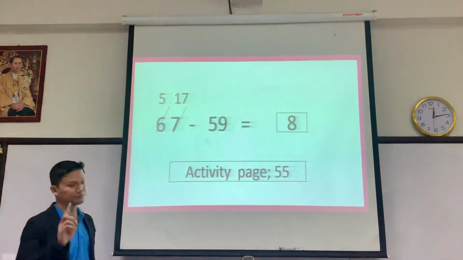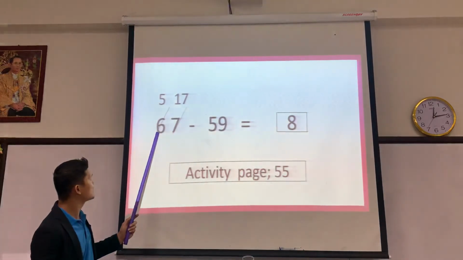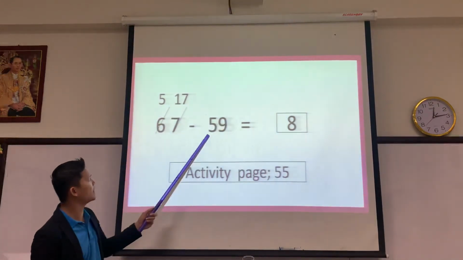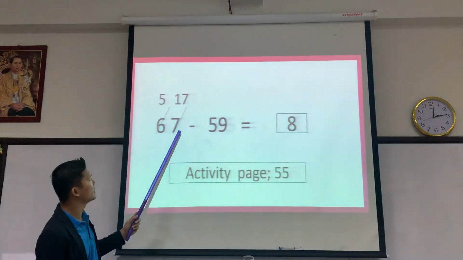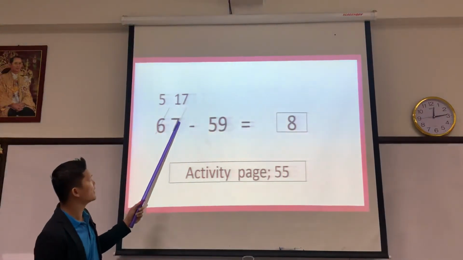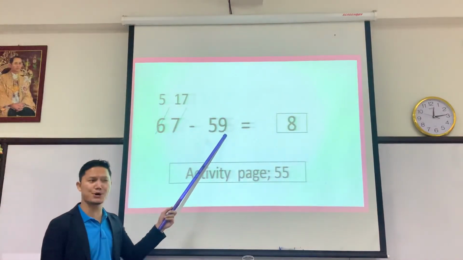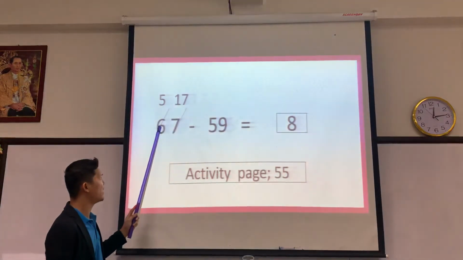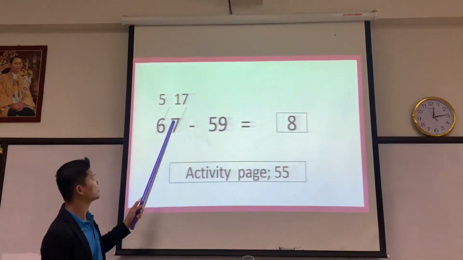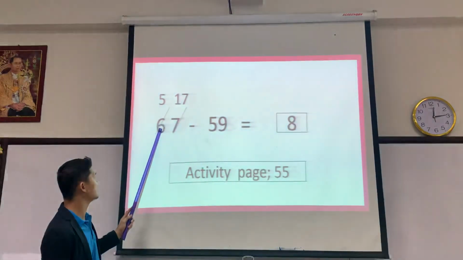Now the last one. Our subtrahend here is 59 and the minuend is 67. The same. Here the number is 7 minus 9. Can we subtract it? No, we cannot. We have to borrow one from 6. So this number becomes 17, and this 6 becomes 5.